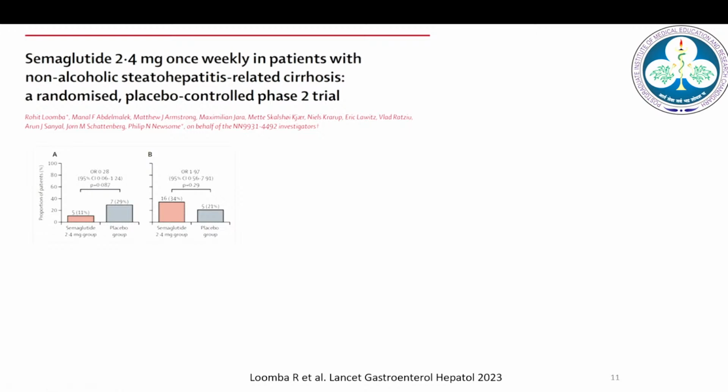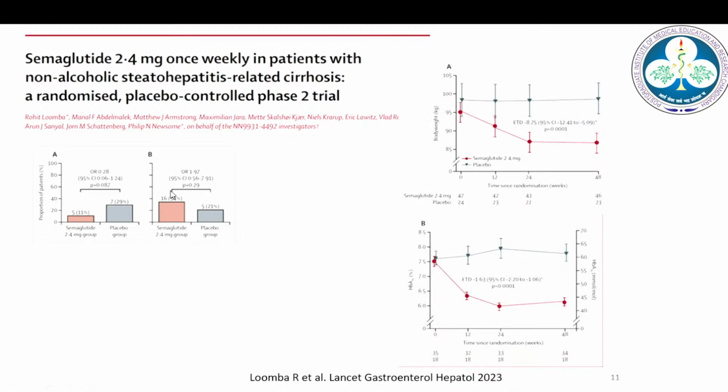This is the only study where you have an anti-obesity drug, approved as such, in cirrhotics. In this study, the primary aim was not weight reduction. They were looking at NASH resolution and improvement in fibrosis, which they did not achieve in this study. But when they looked at the weight reduction, this was much better in the SEMA group.